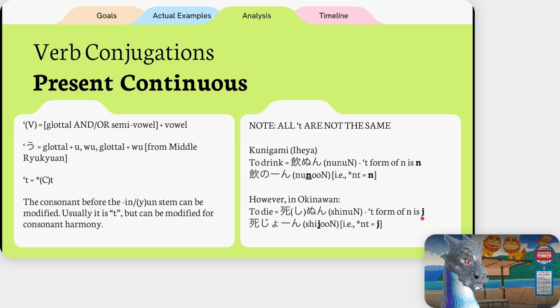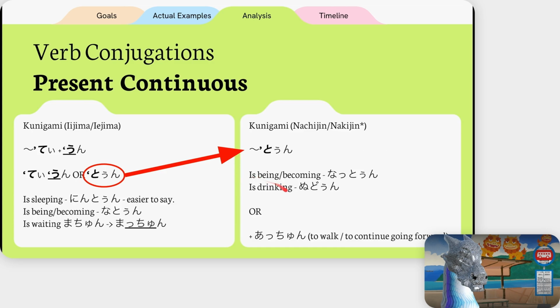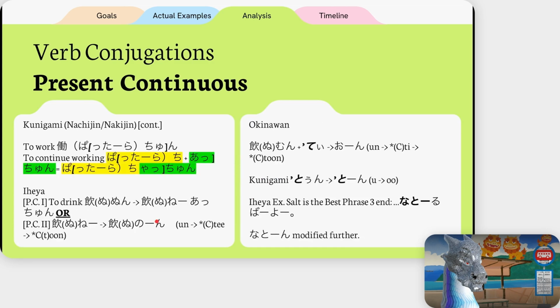So you have Zhong. So Zhu is even within dialect, you saw it earlier with this, right? And then you even have Iheya's Natong.